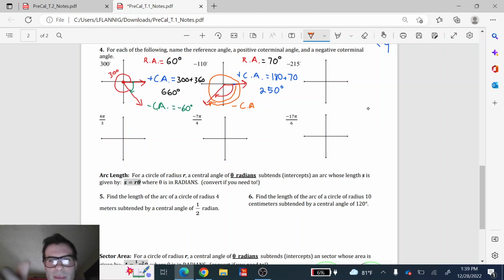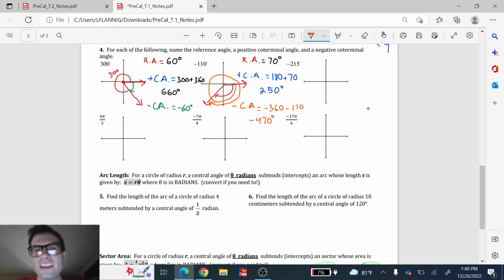And to do that, it would be a negative 360, so the full time, and the negative 110, which ends up being negative 460 degrees. Remember, positive and negative coterminal angles cannot be the exact same thing as our original angle.